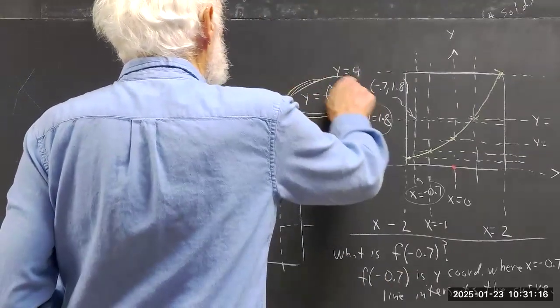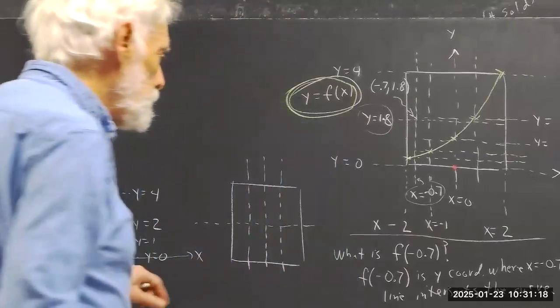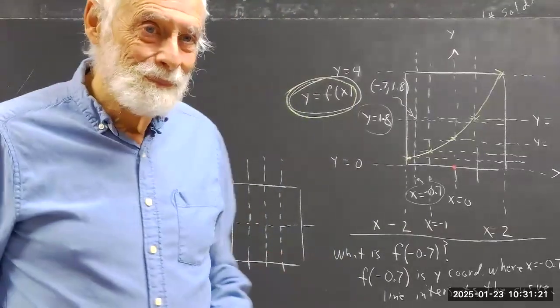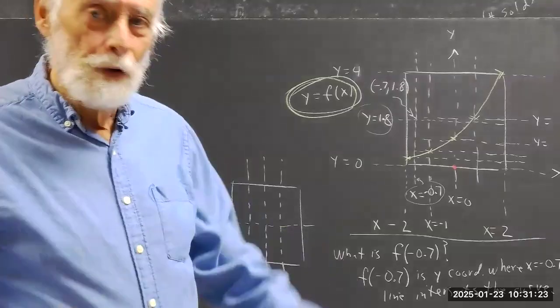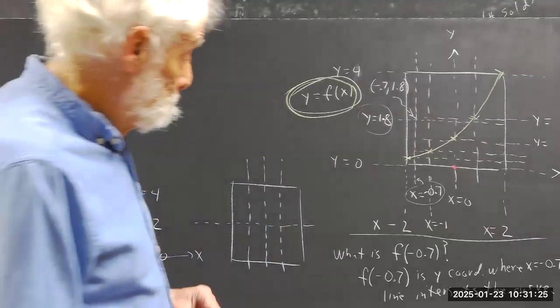And that word intersect throws some people, but now you know what it means. An intersection is where two things meet.